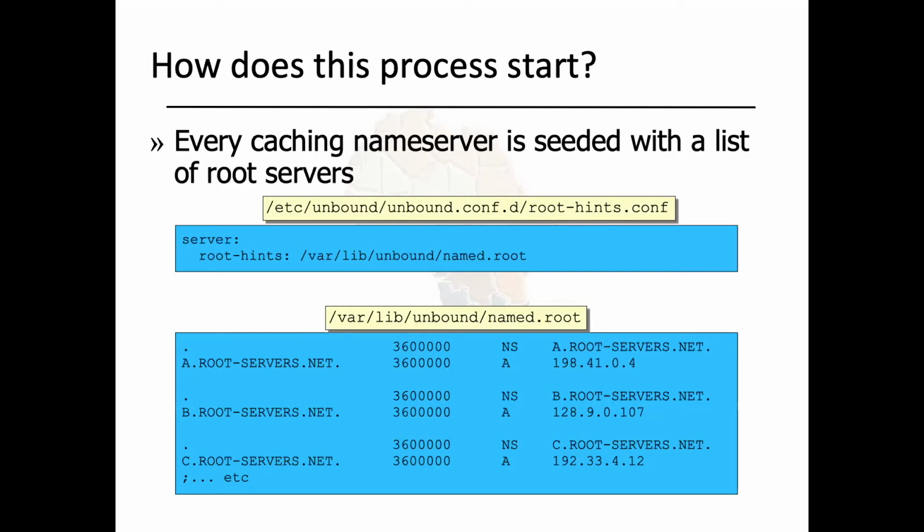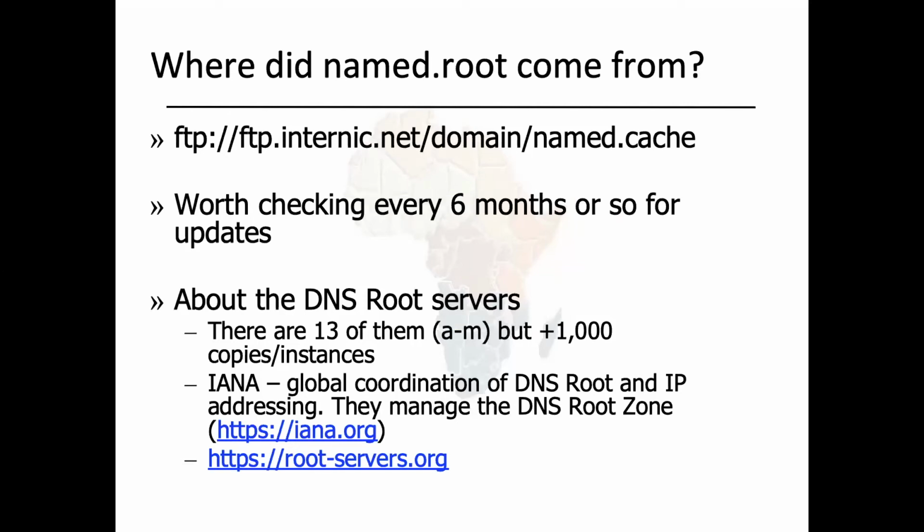All of them have IPv4 addresses, and some of them have both IPv4 and IPv6 addresses. Your DNS software must know that information, and as we said, it has to be a file stored on the computer itself that it can interrogate.